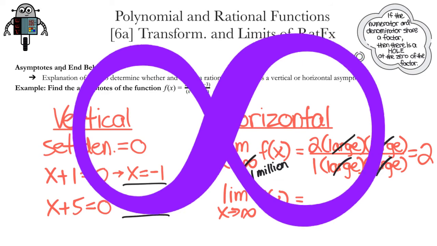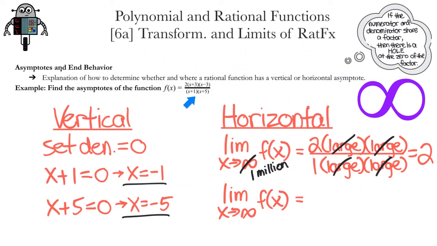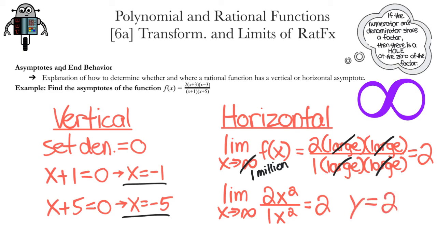And we want to just add 3 or subtract 3, add 1 or add 5? No. Those numbers are barely going to make a difference. Therefore, we can rewrite this as the limit as x approaches infinity of 2x squared divided by 1x squared. And that can be simplified to 2. That means the equation for the horizontal asymptote of this function is y equals 2.